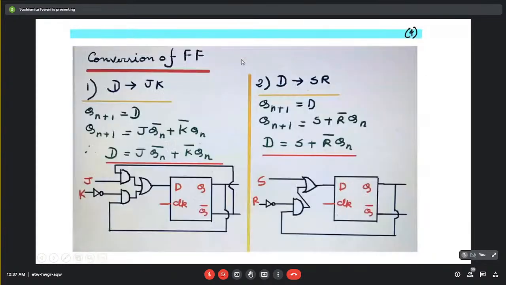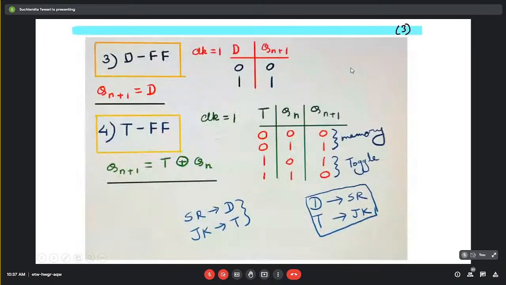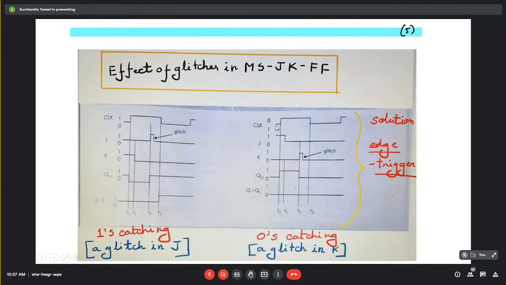Until now, when we were dealing with this clock pulse, this entire enabling period of the clock is responsible for any reflection from input to output.